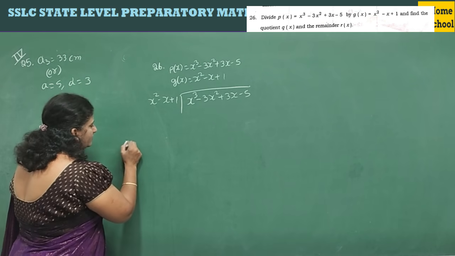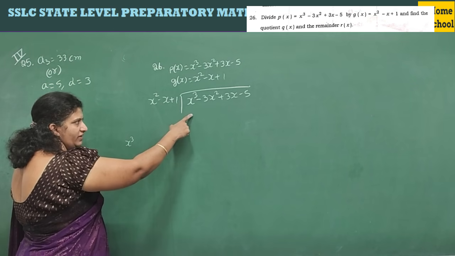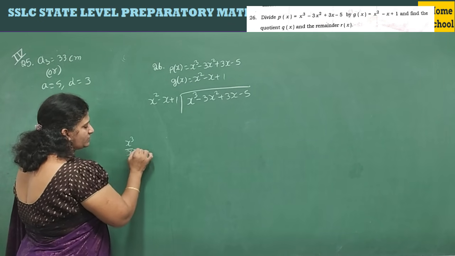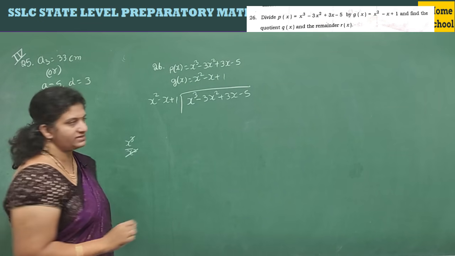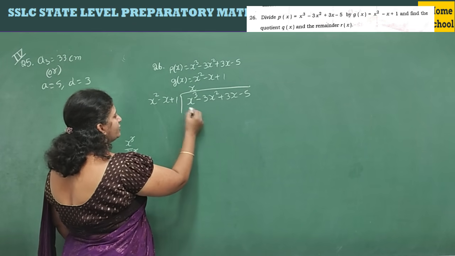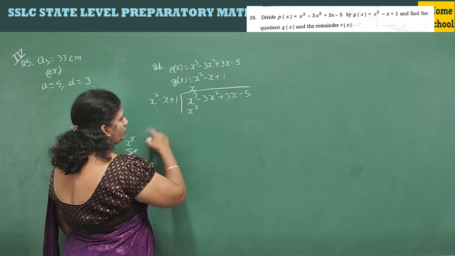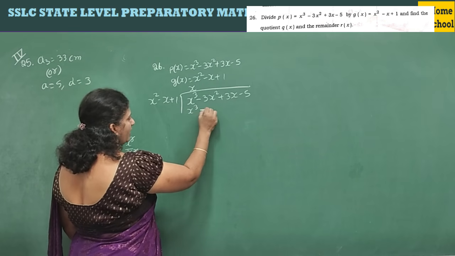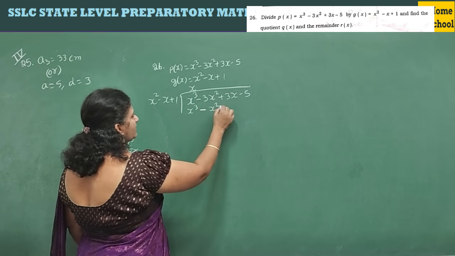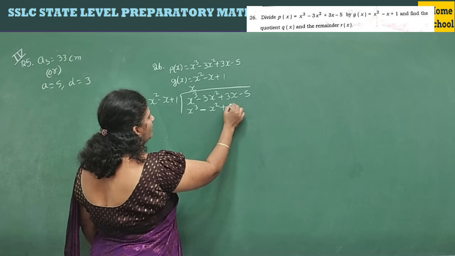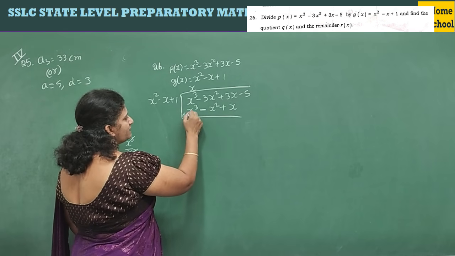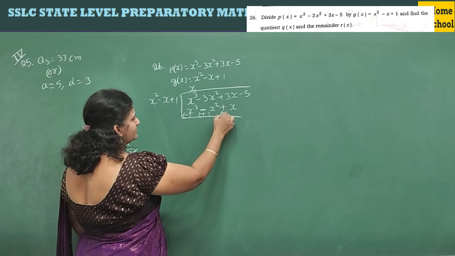First, divide the first term of the dividend by the first term of the divisor. x cube by x square, it will be only x. Write it here and multiply. x into x square, x cube, minus into plus, minus x into x, x square, plus into plus, plus x into 1, x. Right? And now subtract and change signs.